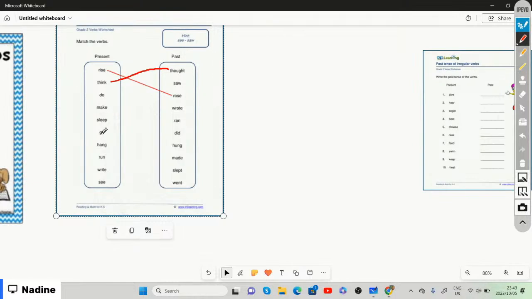And then do. Do is in the present. It's something that we're doing now. Do. And in the past, the past of do is did. So I do something now, but I did it early on.